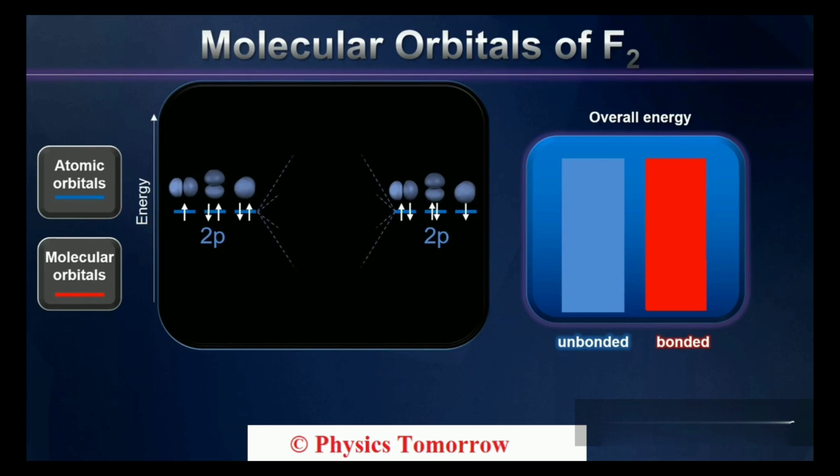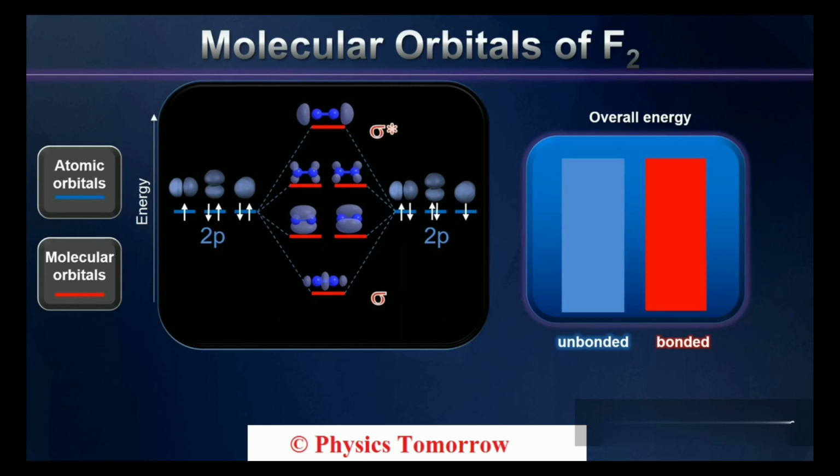When we combine p orbitals, we find that we have a system that looks a bit different, don't we? In this case, a grand total of 6 atomic orbitals must combine to form a grand total of 6 molecular orbitals. Now, the lowest and highest in energy of these correspond to the in-phase and out-of-phase overlap directly along the nuclear axis. Those we would call the sigma and sigma star molecular orbitals.